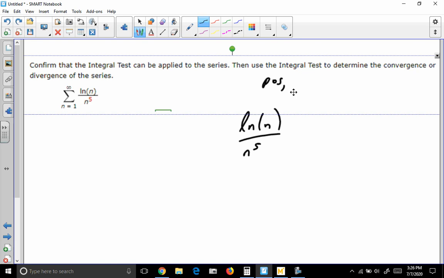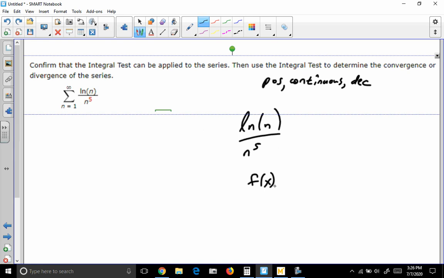So it's positive. It's continuous because n starts at 1, so the denominator is never going to be undefined. And if n is 1 or bigger, the numerator is not going to be undefined. So it's continuous. And then we can show it's decreasing. We can take the derivative and show whether or not it's always decreasing.